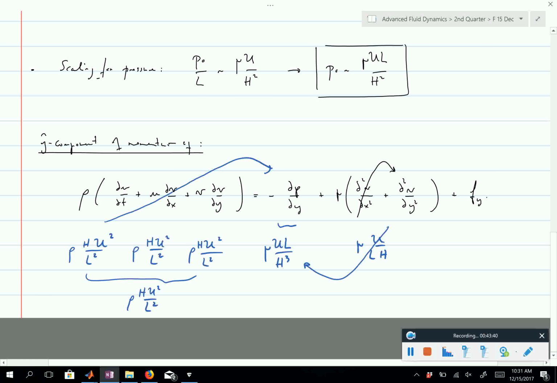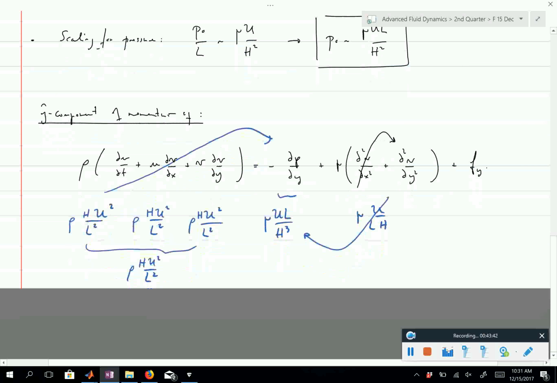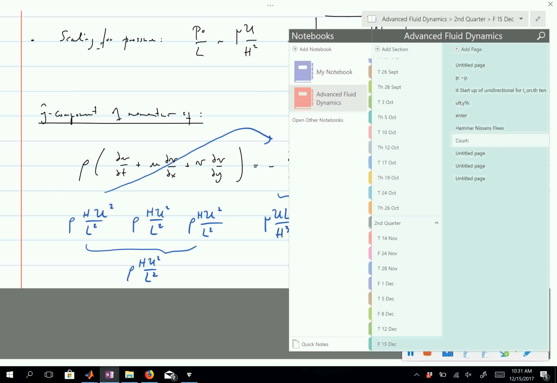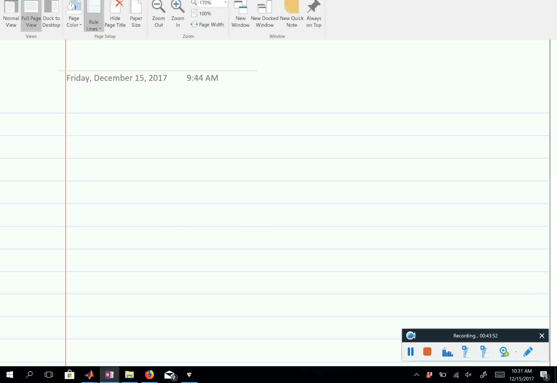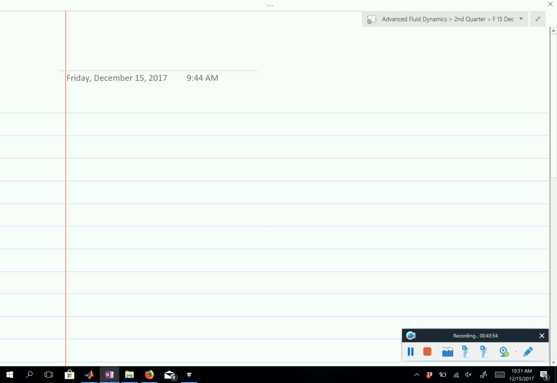So the only term you're left with is the pressure term and potentially the body term in the lubrication equation. And with that, I finished the derivation of the governing equation for lubrication. So this is 0 equals minus partial p over partial y plus potentially the forces in the y direction.